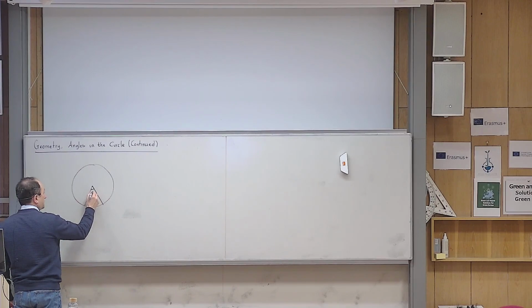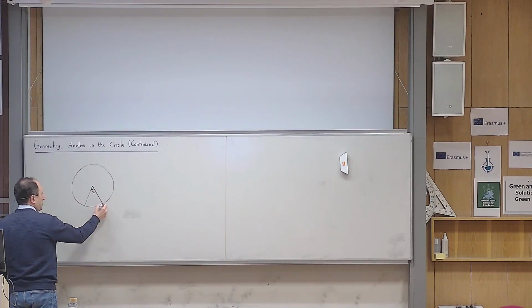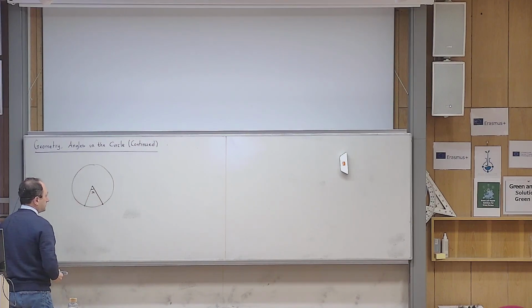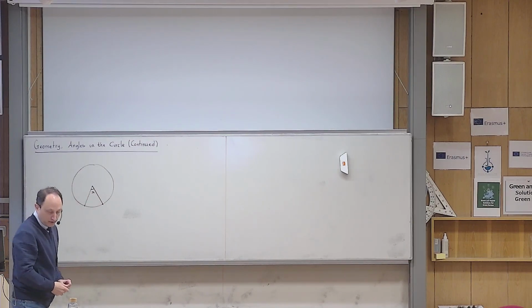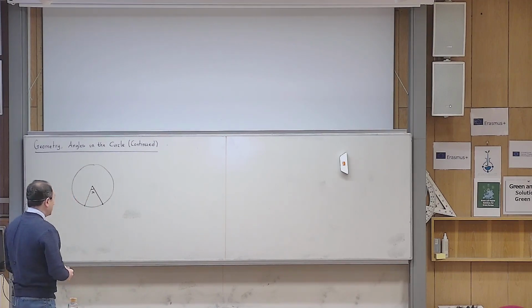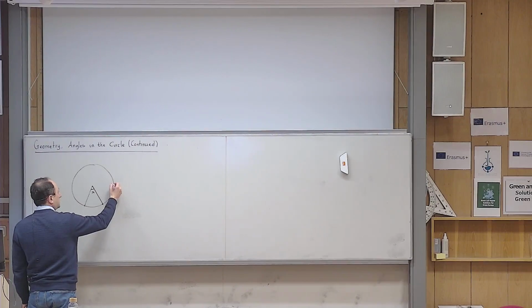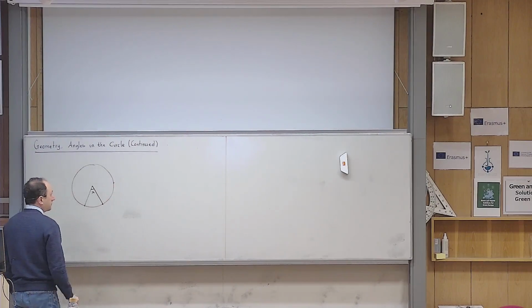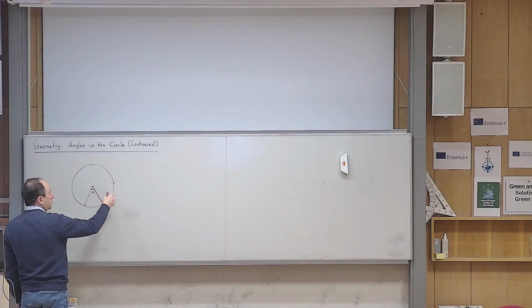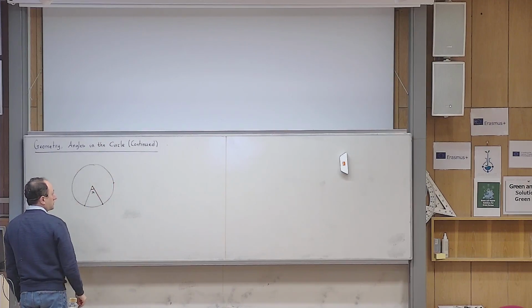So let me show it with X. And this arc opposite to that is the arc subtended by X. And then we learned that if I have an inscribed angle, it means that the vertex is on the circle and the arms are chords of the circle.